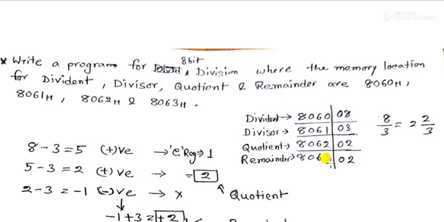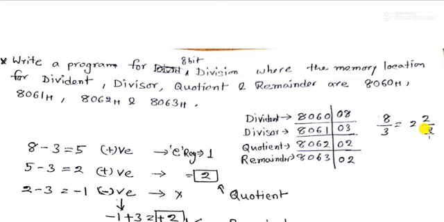So we take an example, that is 8 by 3, the quotient is 2 and the remainder is 2. But here also the same problem is that we have no specific instruction to perform division.